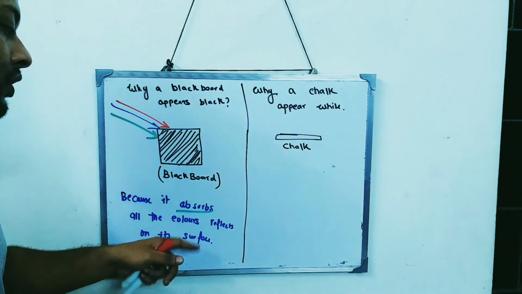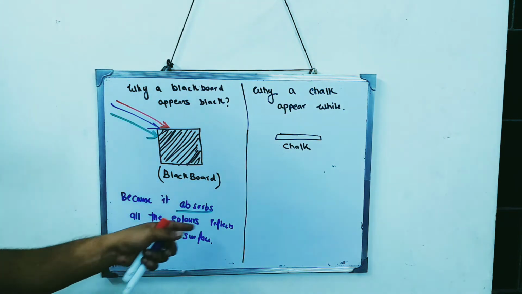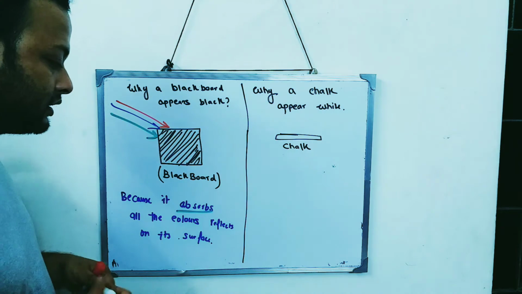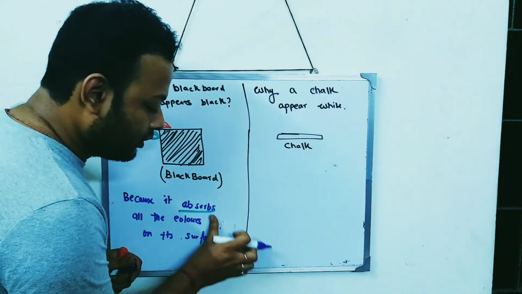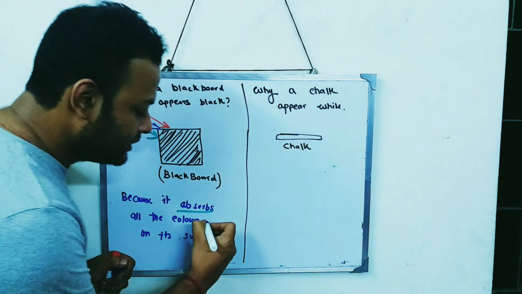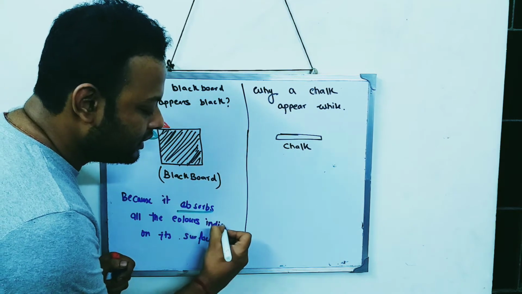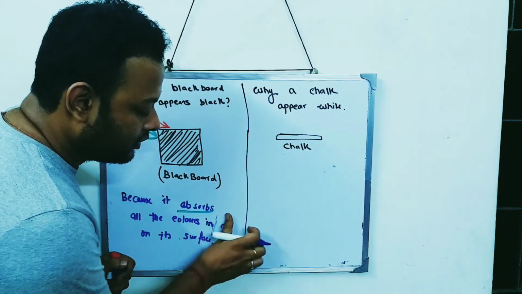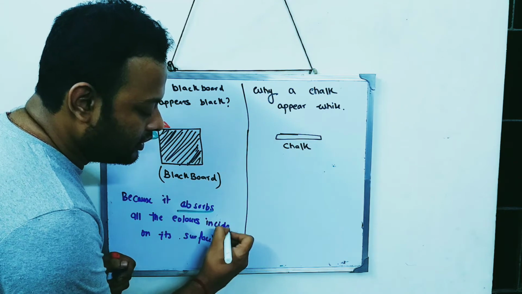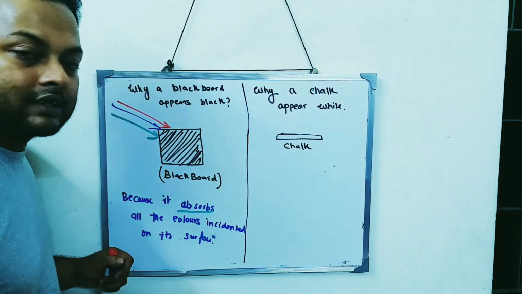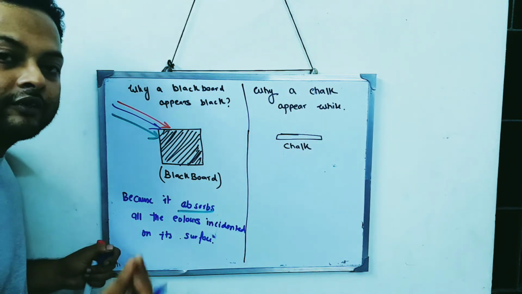If it absorbs all the color incident on its surface, what happens? It reflects nothing.